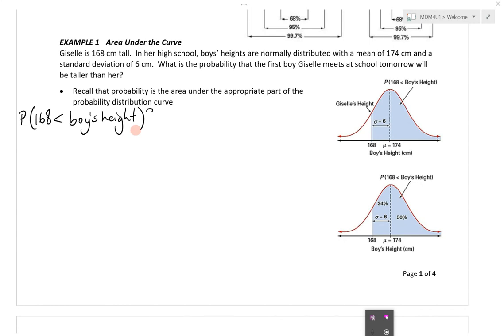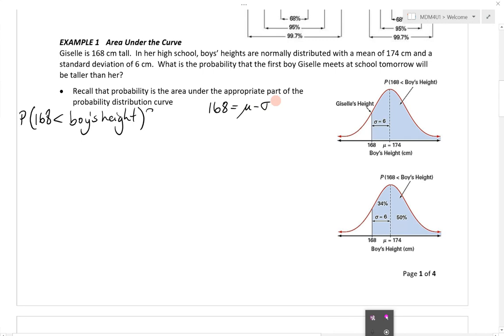All right, so how can we solve this problem? Let's look at what we're given in the graph. Sigma, the standard deviation, is 6, and the mean value is 174. It turns out that Giselle's height is at the lower limit of 1 standard deviation away from the mean value. So 168 is equal to the mean value minus sigma.